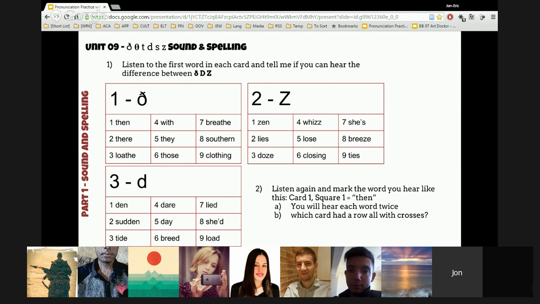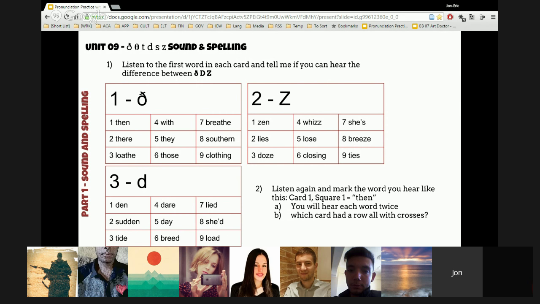Okay, good. Now, what do I want to do? Listen again. Look at instructions number 2, exercise 2 at the bottom right. Listen again, and this time mark the word you hear like this. Card 1, square 1. Then. So if I say the word then, you know to mark 1, 1.